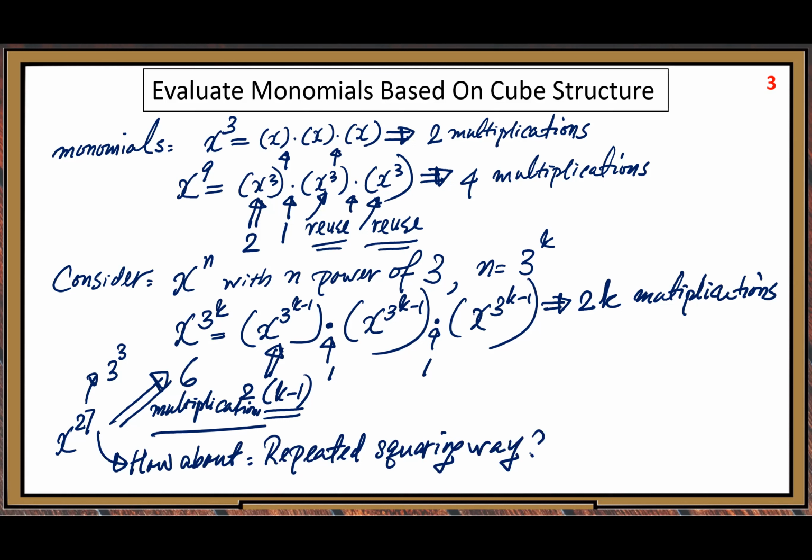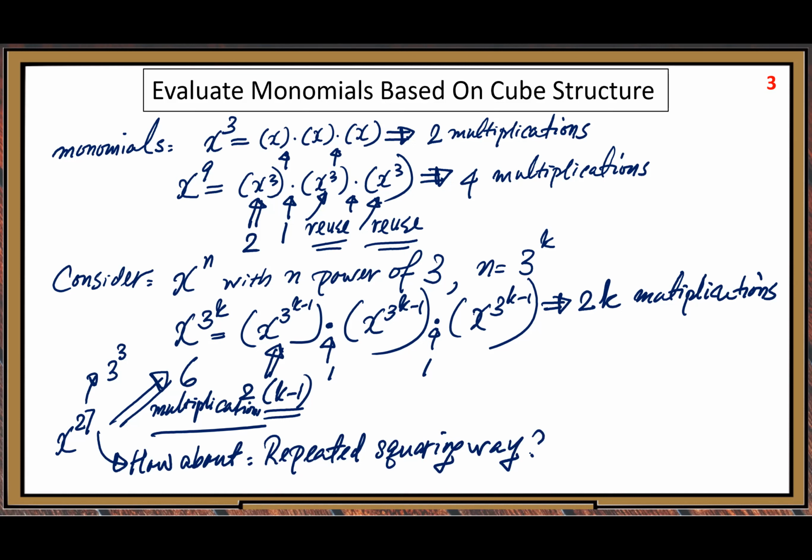All right, let's try the repeated squaring way. 27 equals 16 plus 11, because 16 is a power of 2.